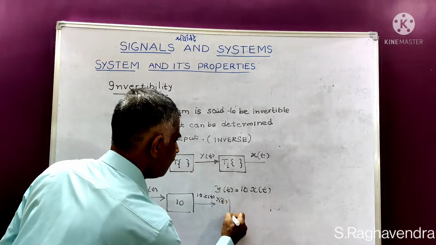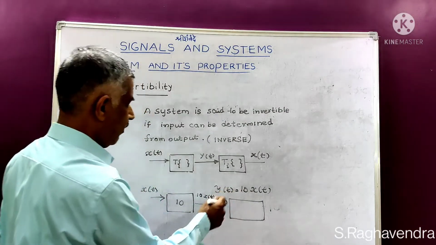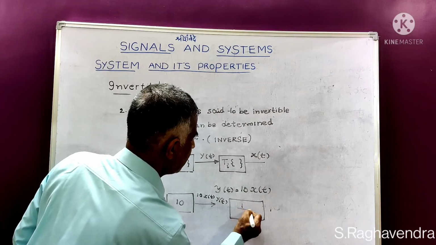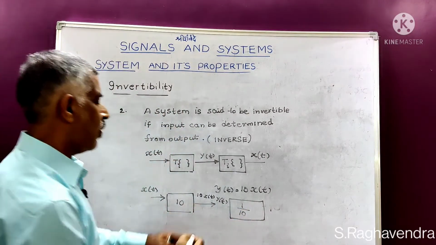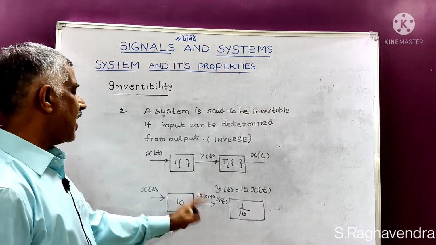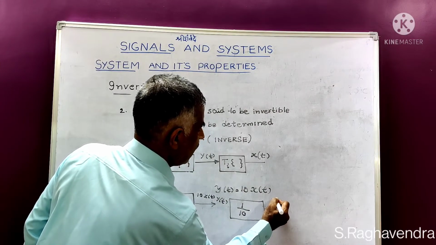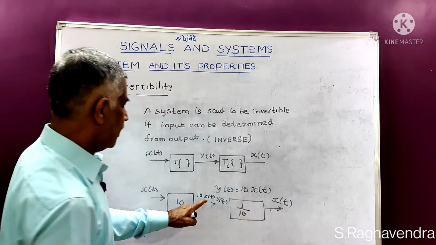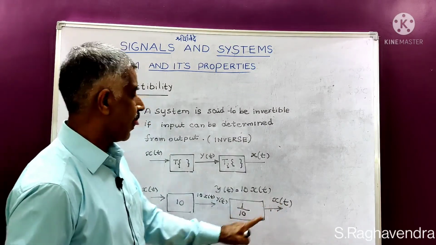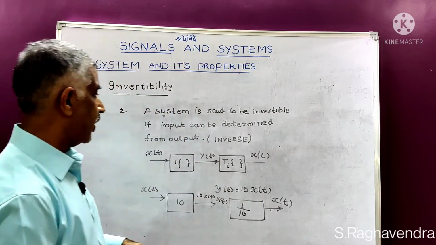Now if this signal is fed to another block which is the inverse of this block, with gain 1/10, then you can recover x of t, because 10 times x of t multiplied with 1/10 will give you x of t. So this is the second definition of invertibility.